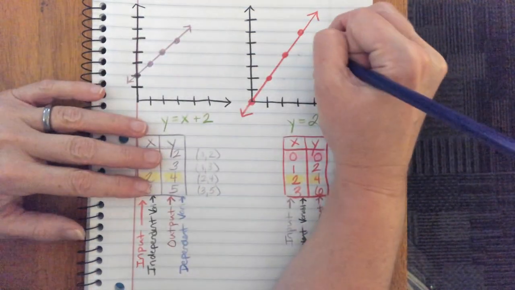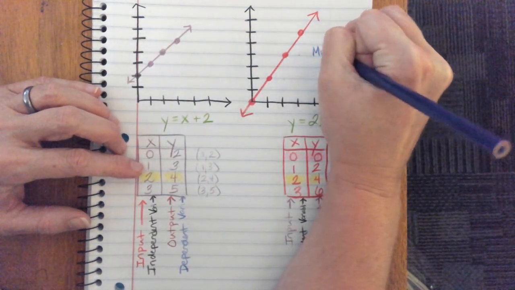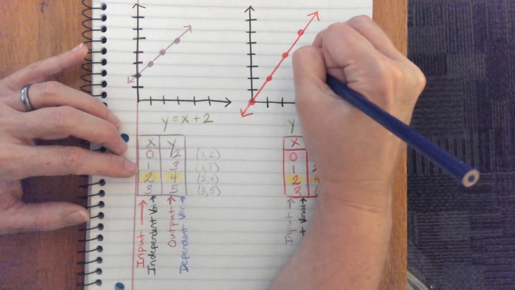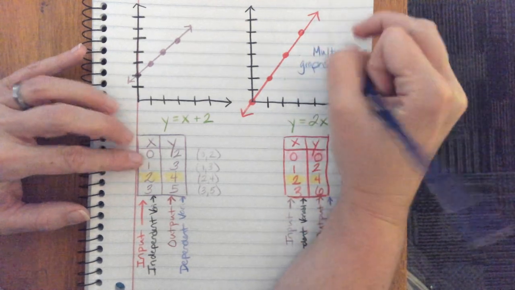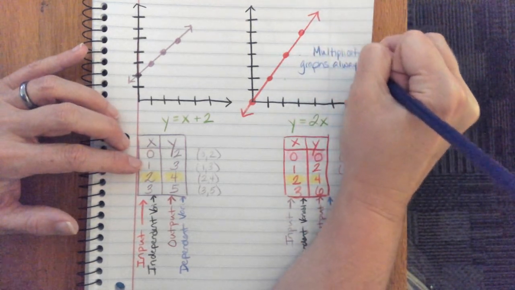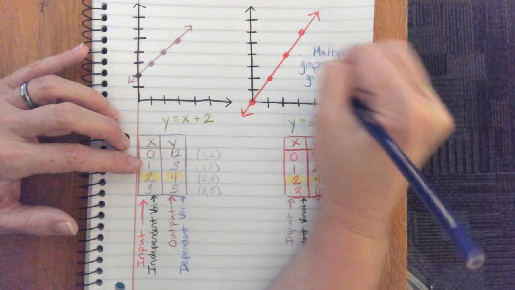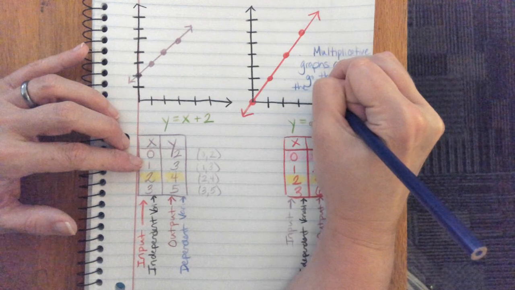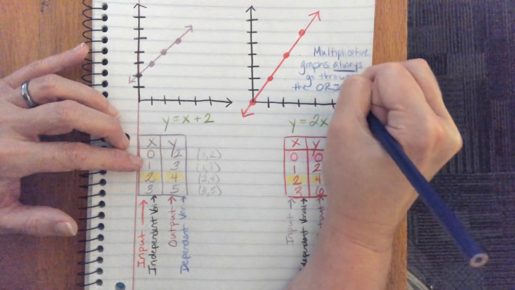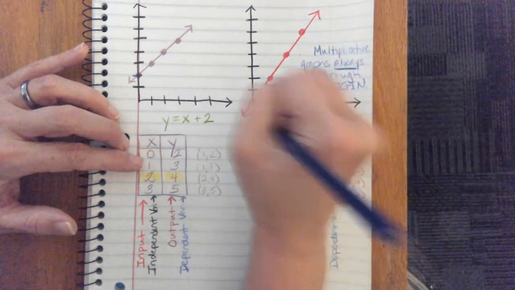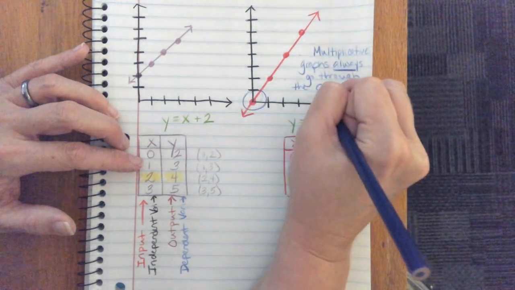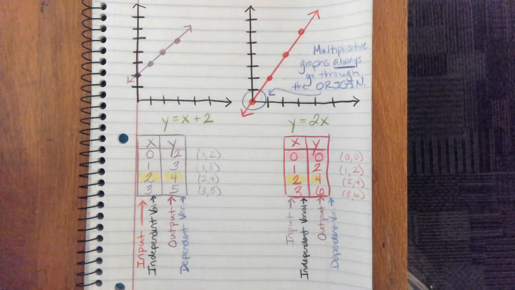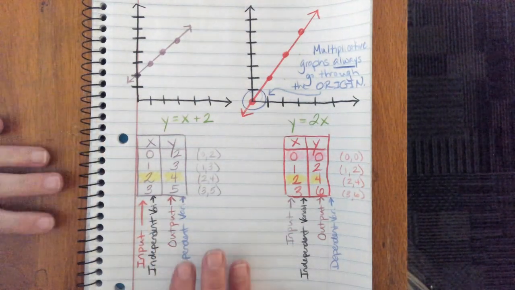So multiplicative graphs always, every time, go through the origin. Because every time you put 0 in, you get 0 out when you multiply.